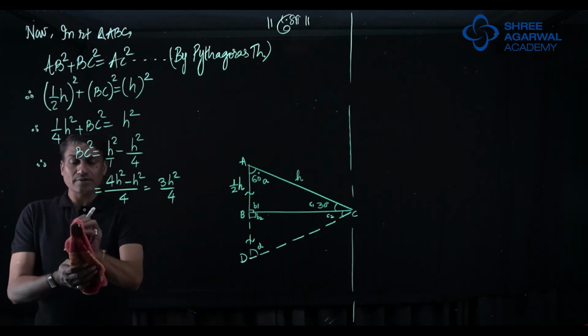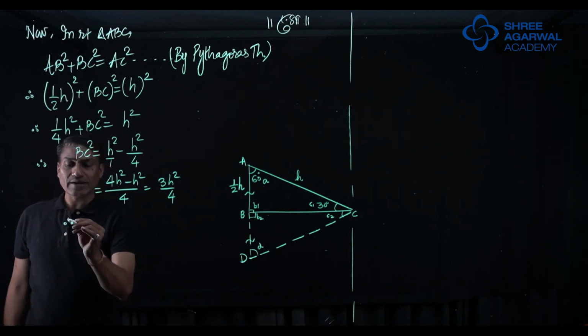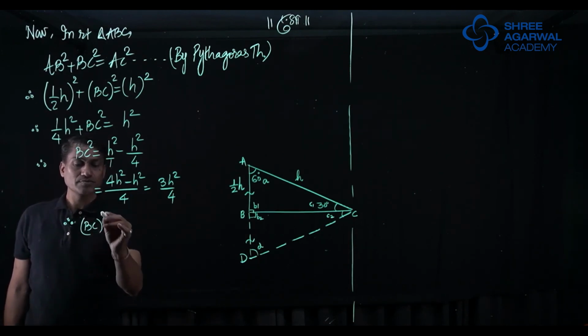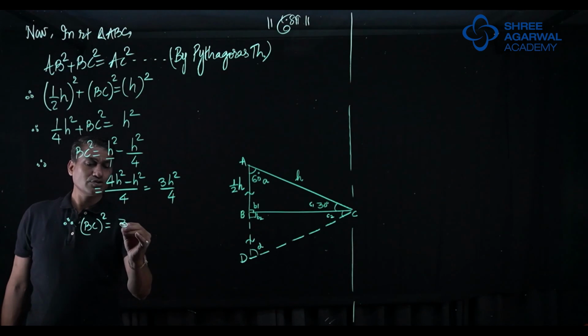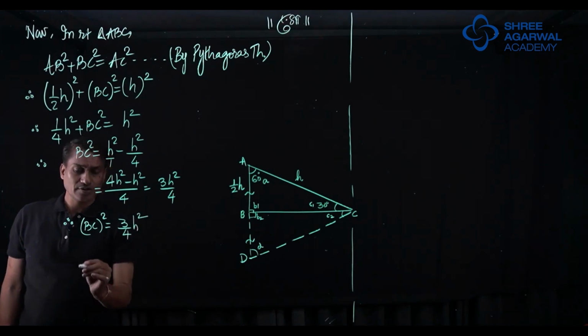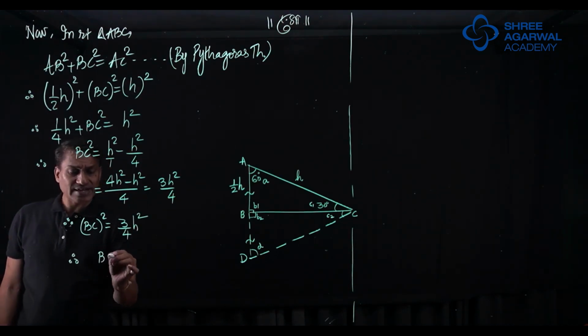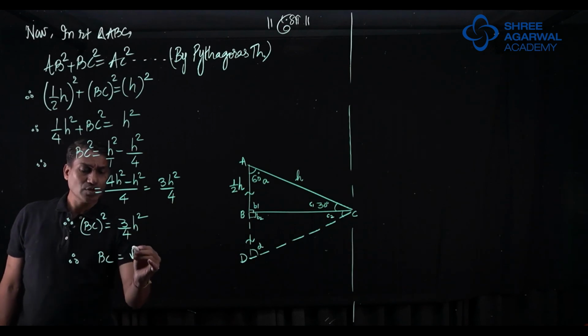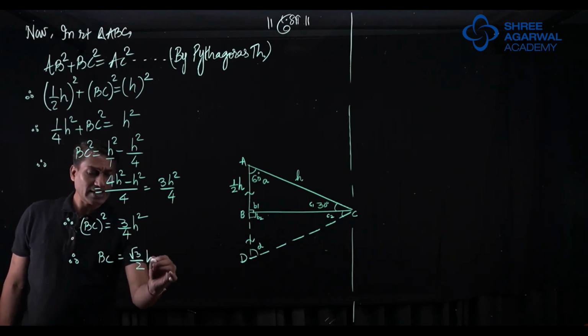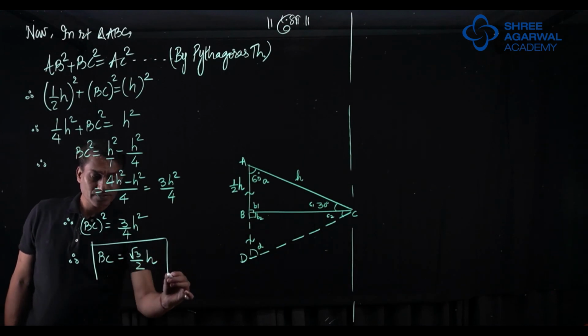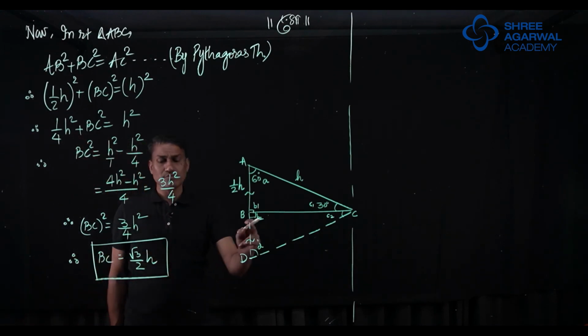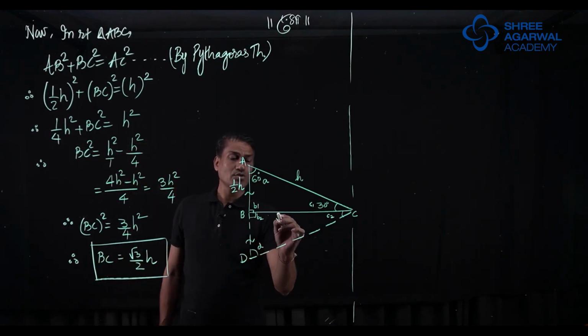So, BC square is 3 by 4 H square. Taking square root of both sides, BC will be root 3 upon 2 H. So, we found this side, root 3 upon 2 H.